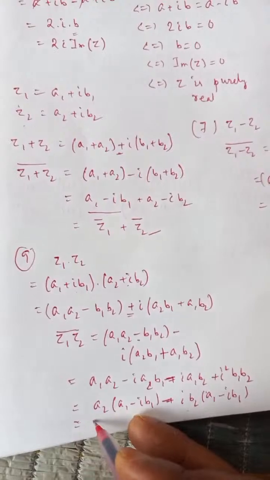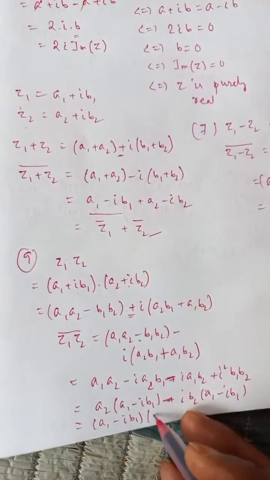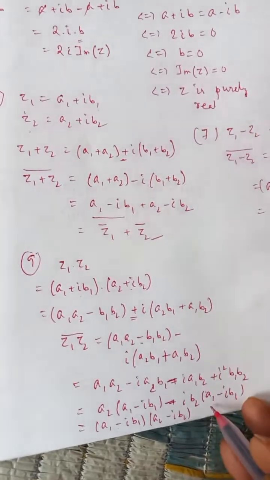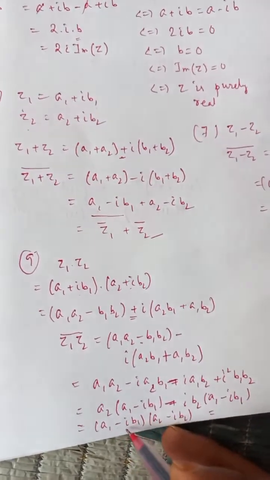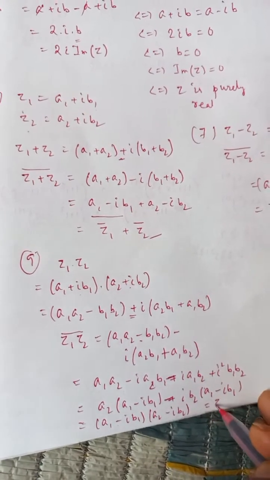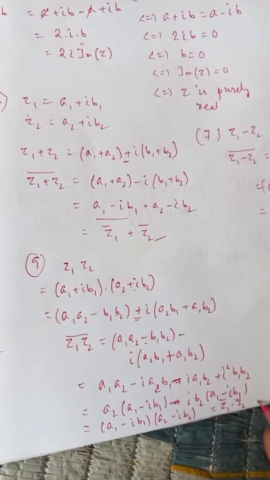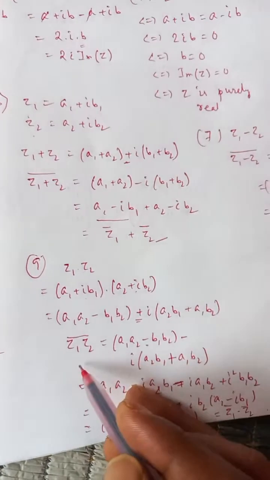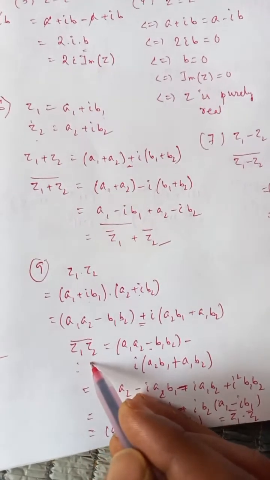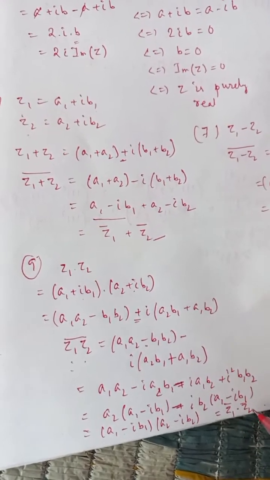This will come as a1 minus iota b1 under bracket times a2 minus iota b2 under bracket. So these are the conjugate of z1 multiplied by conjugate of z2. So this is our property, that conjugate of z1 z2 is equal to conjugate of z1 multiply conjugate of z2.